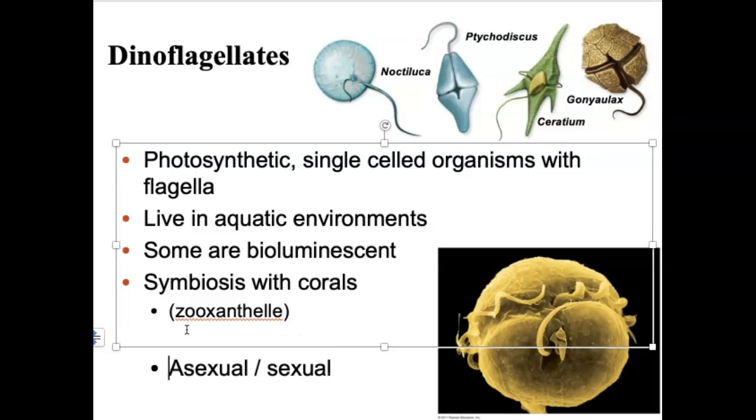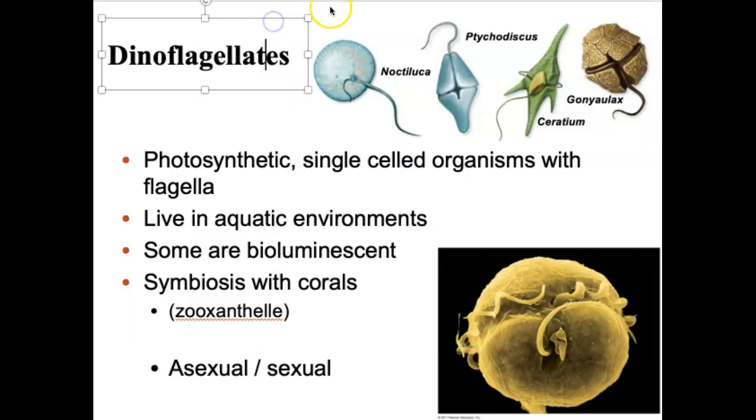Just leave it down there. Sorry. Zooxanthellae. That's a type of dinoflagellate that lives symbiotically with corals, and they run photosynthesis for the coral. They provide the coral with sugars and oxygen. The corals then produce nitrogen and waste products that the zooxanthellae use to be able to run photosynthesis. So it's a great relationship.